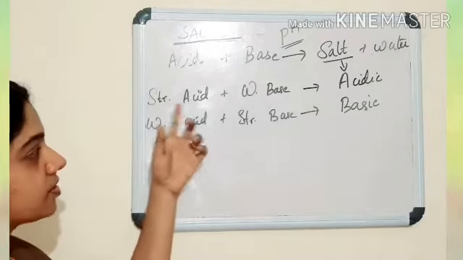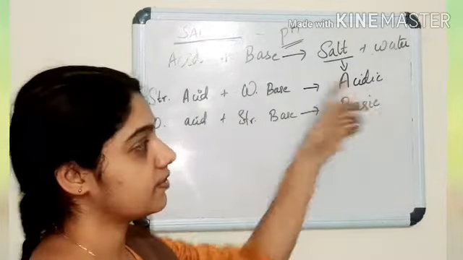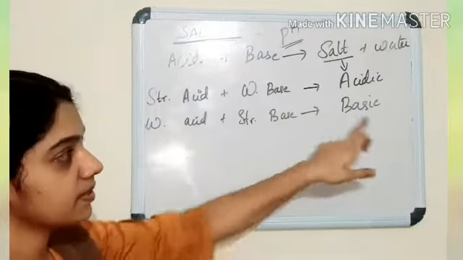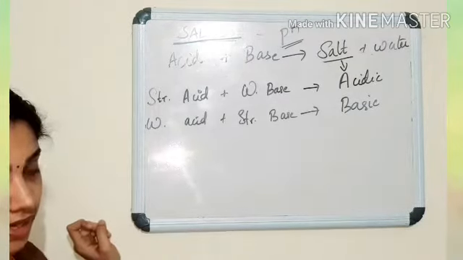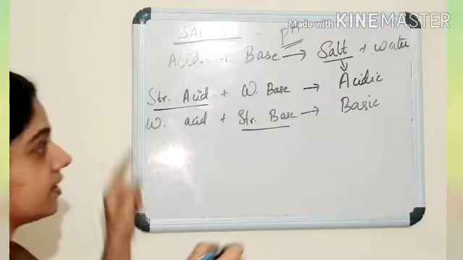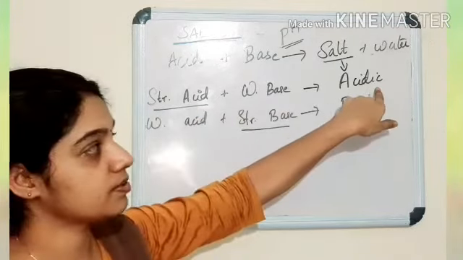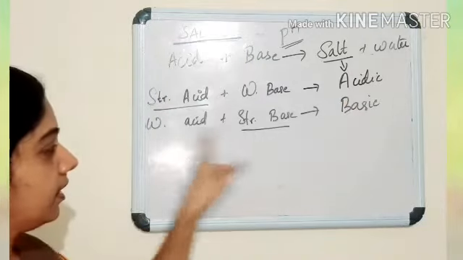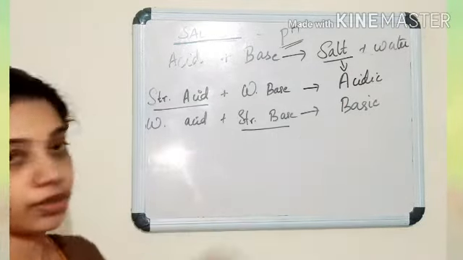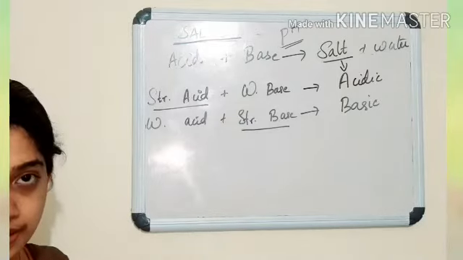Okay, so from a strong acid and a weak base, it will be showing acidic character. If it's a weak acid and a strong base, it is showing the basic character. So depending upon whichever is the stronger one. Here it is the stronger acid, so that salt is also forming acidic character. Here in the second case, it is a stronger base, so the salt which is produced also will be having a basic character.